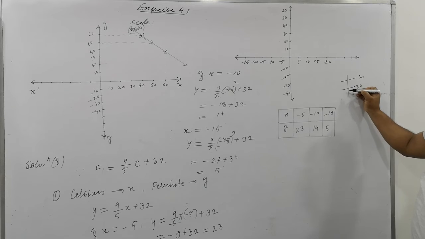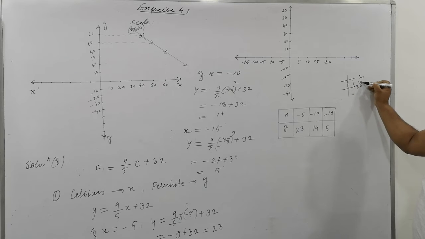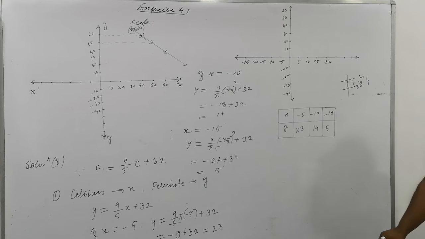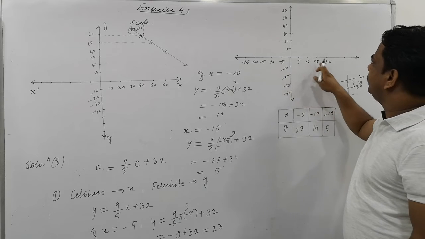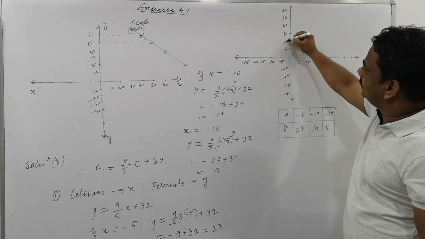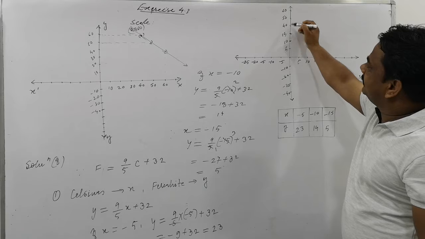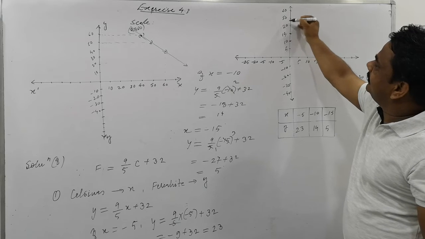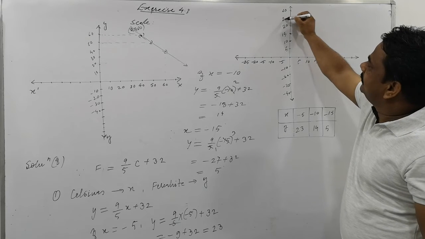How many lines are there? 1, 2, 3, 4, 5, 10 lines are there together. And what is the value between 20 and 30? Wait a minute, please. There is a gap here, 5, 10, 20. So we have to take this as 5. This also is to be taken as 5, 10, 15, 20, because we do not need to represent them as 25.